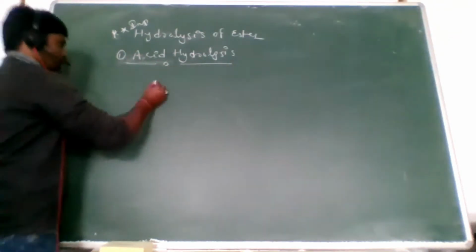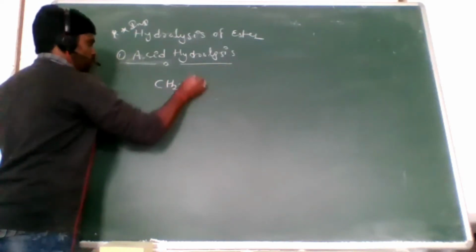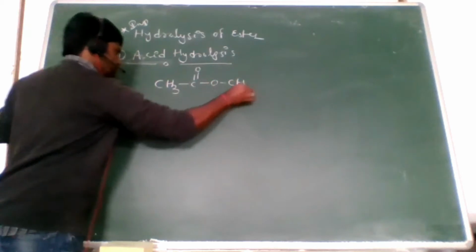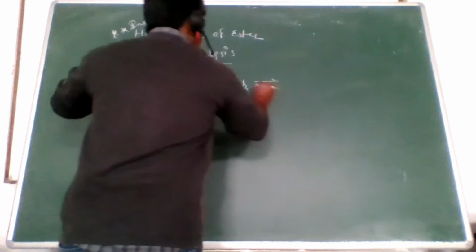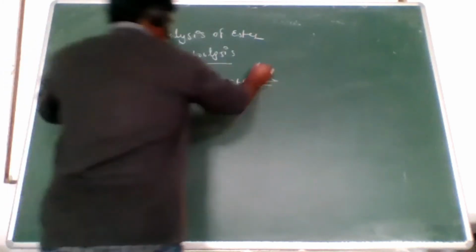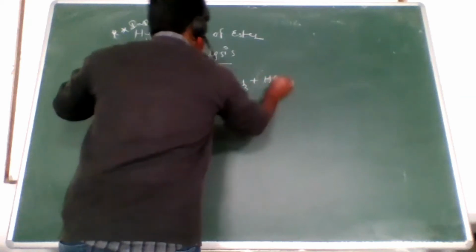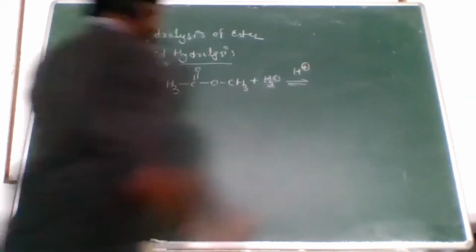First of all, I write the common reaction. Ester, C double bond O CH3. This is the ester, and this is a reversible reaction. Here I am adding a water molecule in acidic condition, that's why I'm writing H plus.